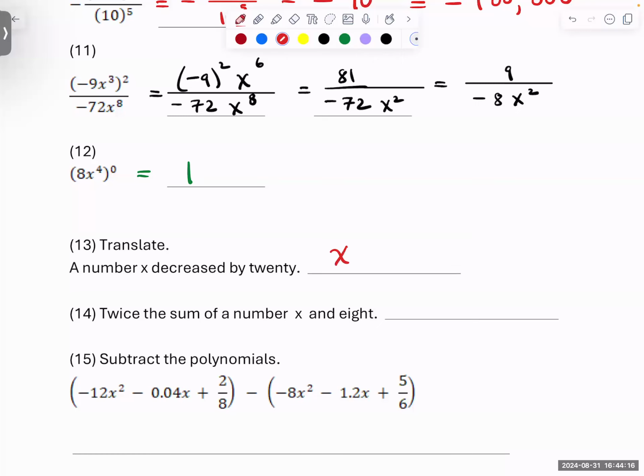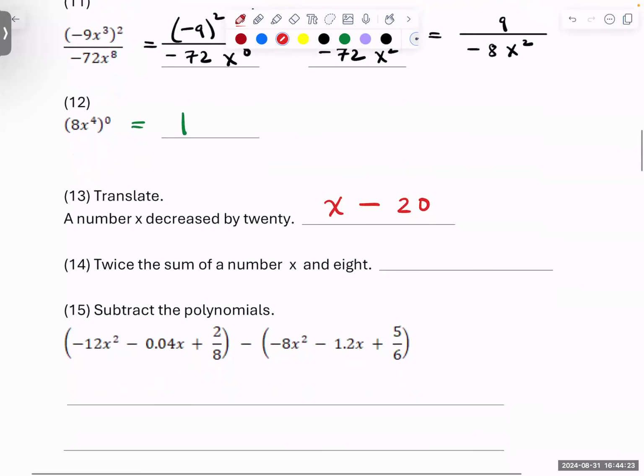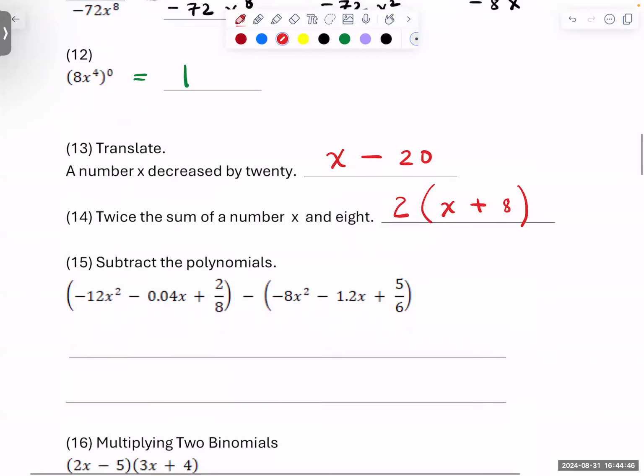Decreased by means to subtract 20. 20 less than x. 14, twice the sum of a number x and 8. So twice, 2 times the sum of, so add a number represented by x and 8. Could also distribute the 2 and get 2x plus 16.